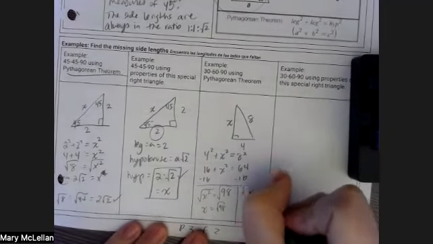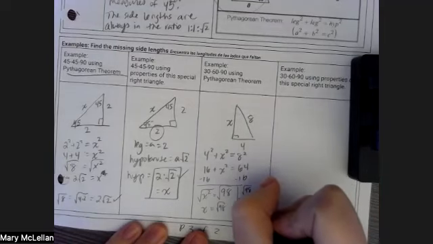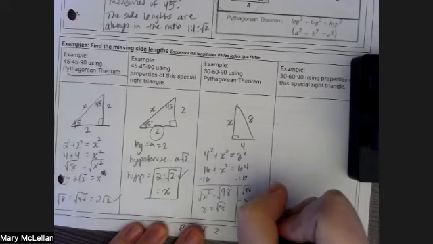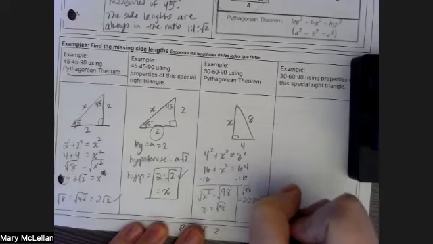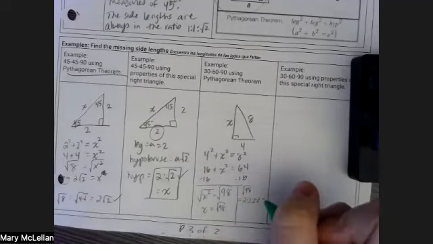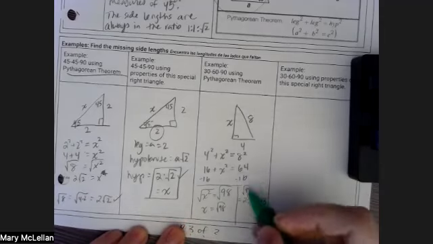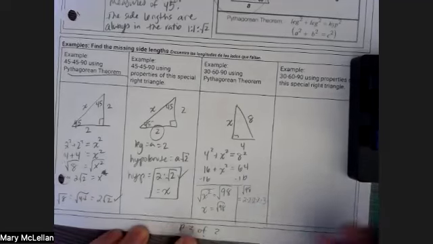48 is equal to 2 times 2 times 2 times 2 times 3, if you were to break this into its prime factorization.